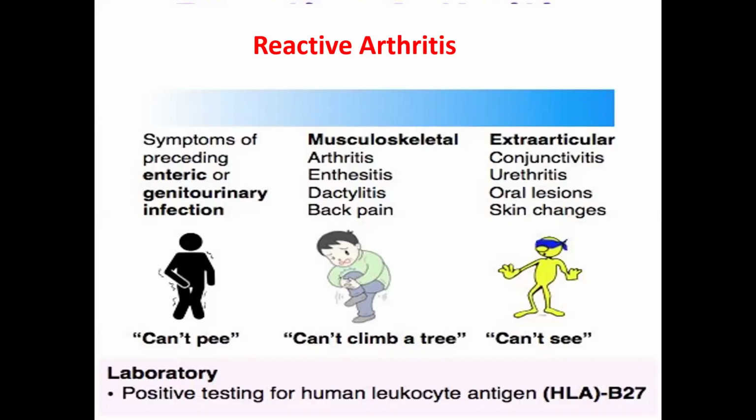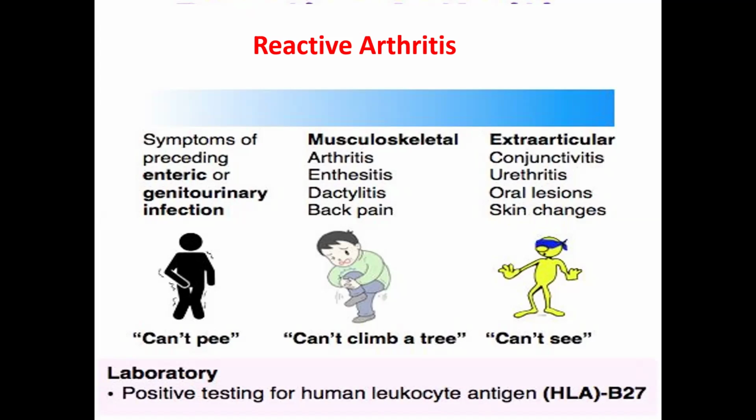Reactive arthritis, symptoms of enteric or genitourinary infection, musculoskeletal problems such as arthritis, enthesitis, dactylitis, back pain, extra-articular such as conjunctivitis, urethritis, oral lesions, skin changes. They have this nice mnemonic: cannot pee, cannot climb a tree, cannot see.